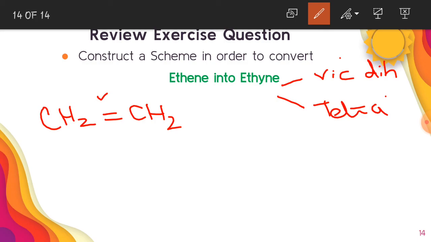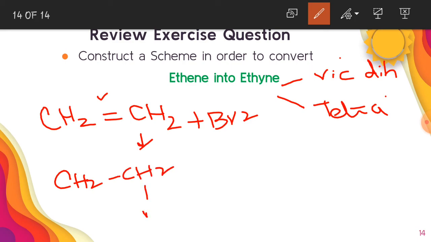So if we want to convert ethene into vicinal dihalide, we will react it with bromine water. When we react it with bromine water, it will result in the formation of vicinal dihalide. Now this is a vicinal dihalide because here the two bromine atoms are attached to two different carbon atoms that are present at adjacent positions.